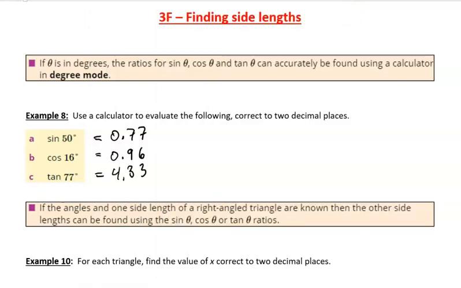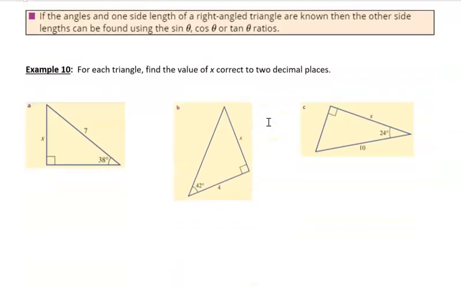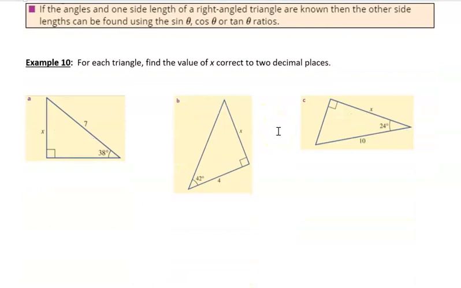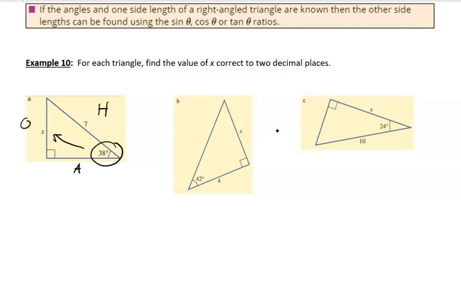Okay, if the angle and one side length of a right-angled triangle are known, then the other side lengths can be found using these ratios: sine, cosine, and tan. For each triangle, find the value of x. So first of all, we need to discover which sides we have. We have the adjacent side here, the hypotenuse here, and the opposite side over here.